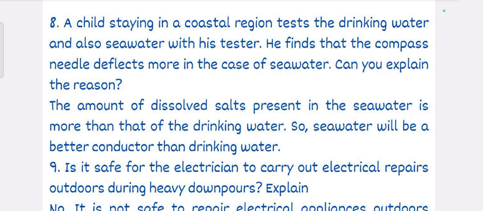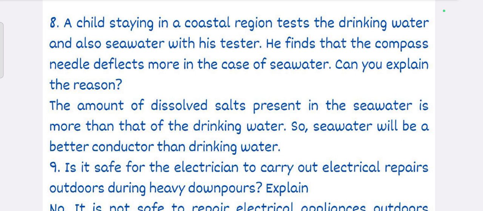The reason. Answer: The amount of dissolved salts present in the seawater is more than that of the drinking water.